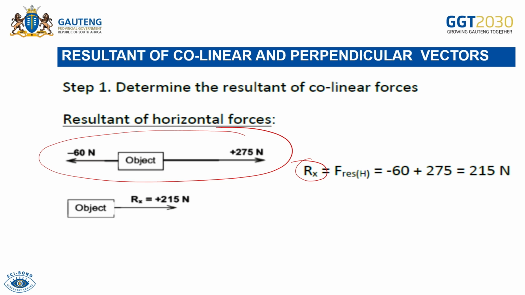And to find the resultant, remember, for vectors along a straight line, or for vectors in one dimension, or for collinear vectors, the equation that we use is going to be what? Rx, which is the resultant of forces that are acting along the horizontal surface.